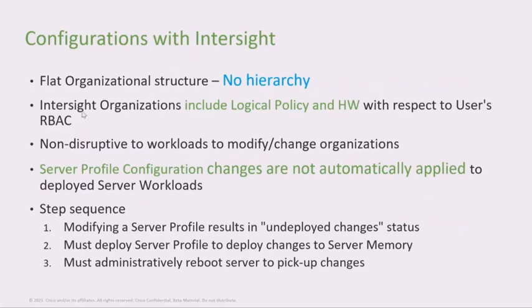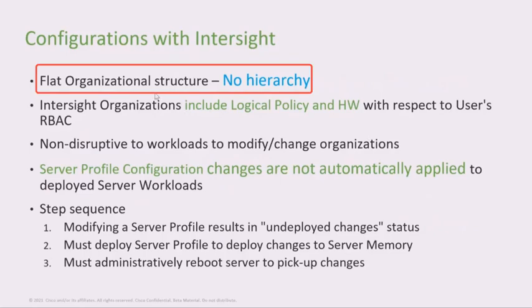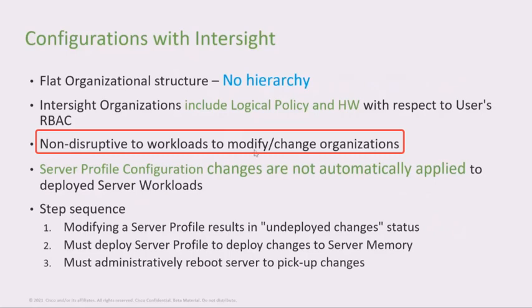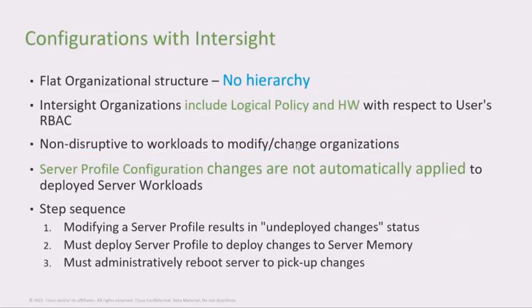It has a flat organizational structure. There is no hierarchy. Intersight orgs include logical policy and hardware with respect to the user's RBAC. In other words, you can modify based upon your role-based access control. Non-disruptive to the workloads. If you make any modifications to any of this, it doesn't care. It says, hey, the servers are up. I'm not going to mess with that.